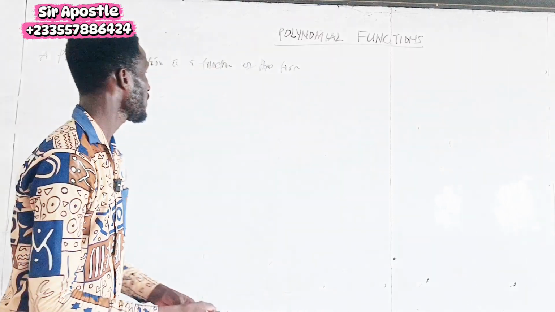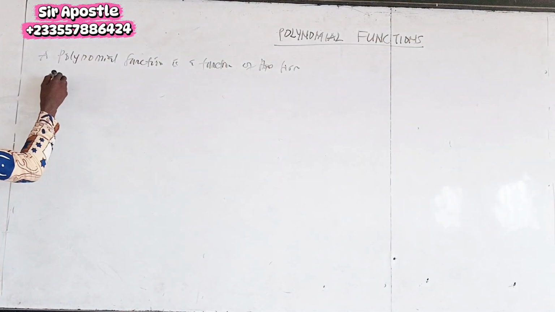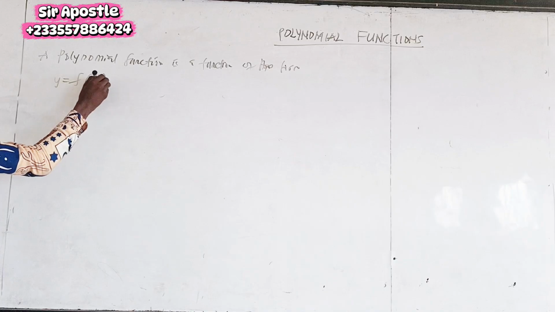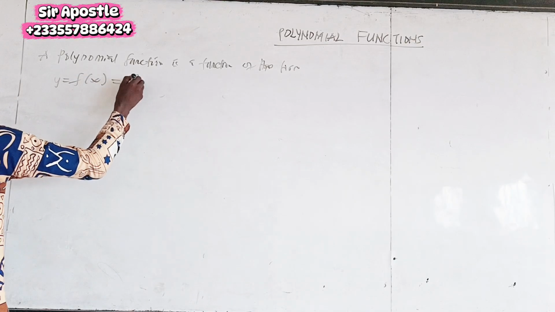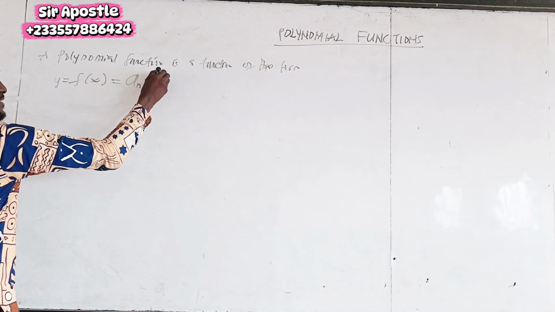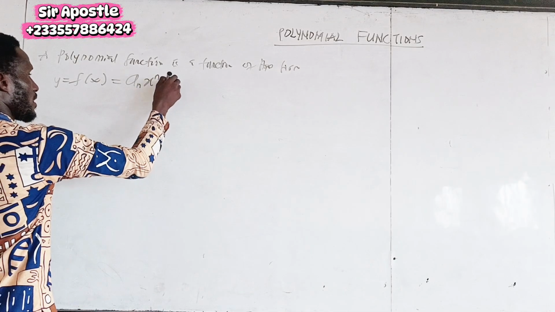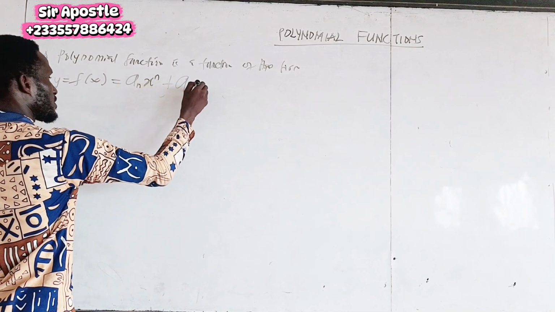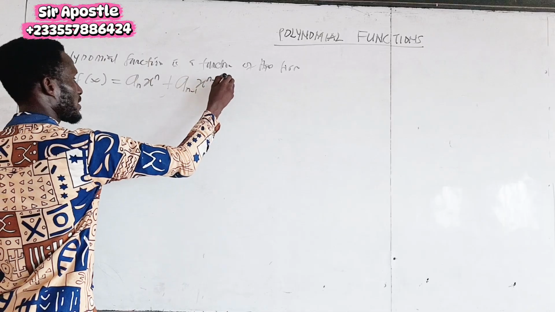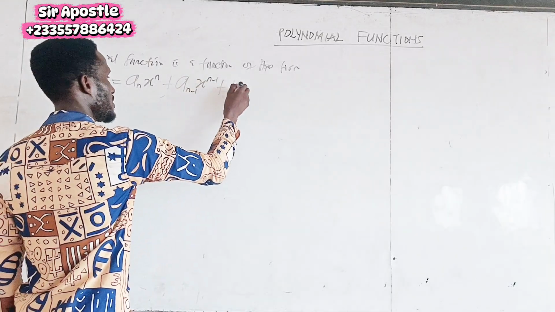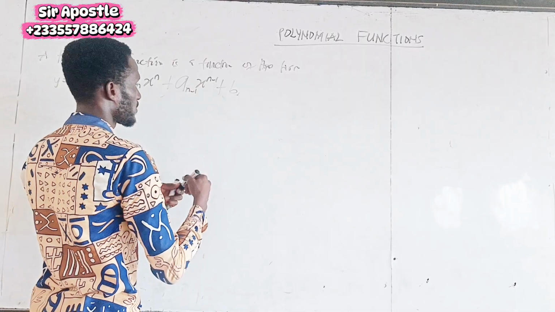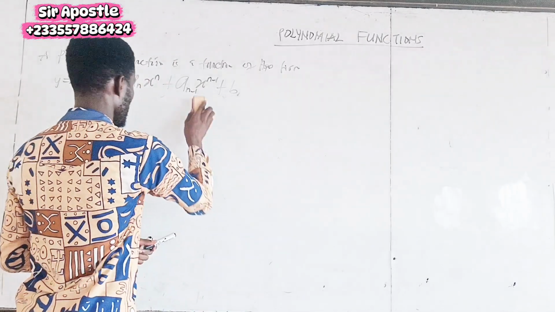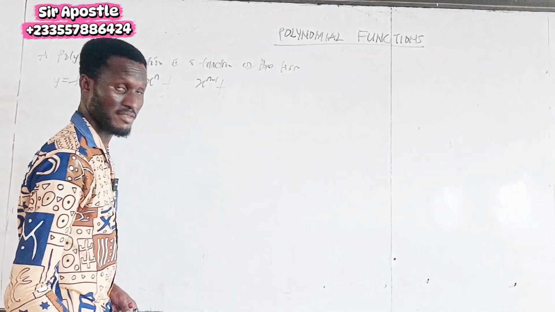It's a function of the form either y or f of x equal to a n x exponent n plus a n minus 1 x exponent n minus 1 plus b. Okay, let me change the coefficients and make them different letters.